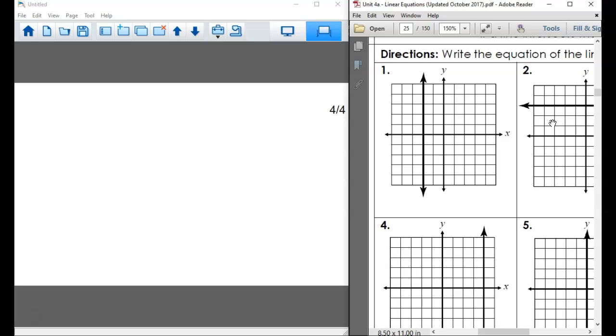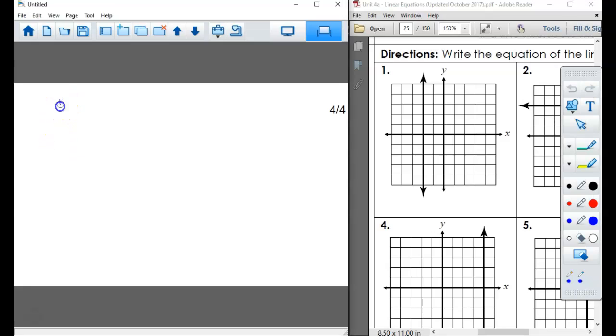So on number one, I'm going to write my answers over here. On number one, I have to write an equation for this graph. Now the first decision you need to make is this an x equals or a y equals? And here's how you're going to make that decision. Does this line cross the x-axis or the y-axis? And the answer is this line crosses the x-axis right here.